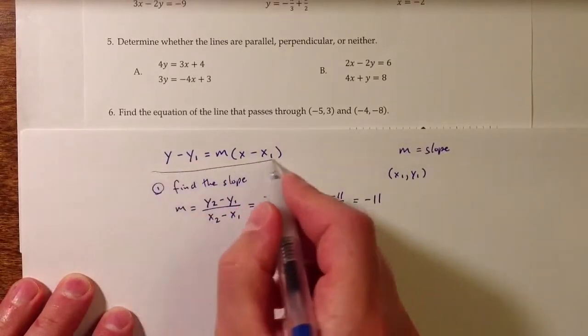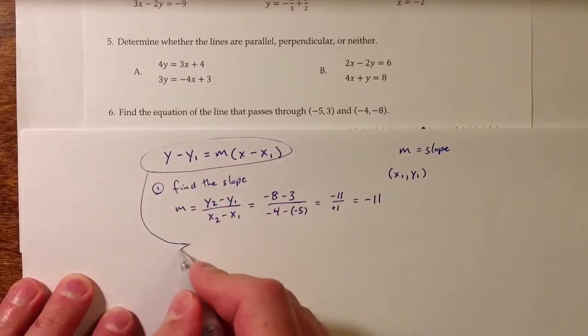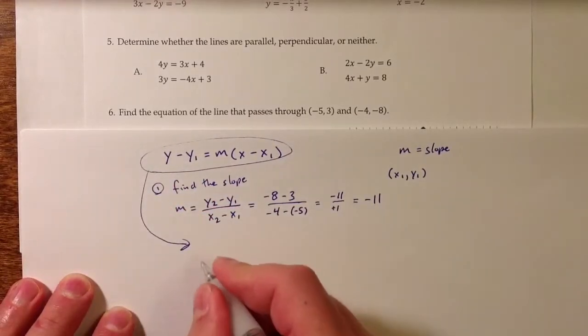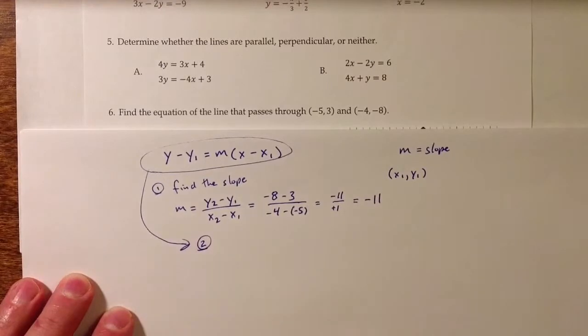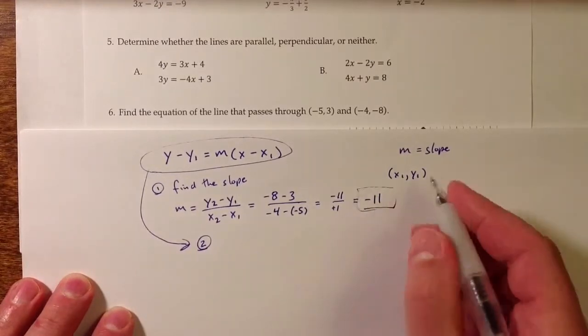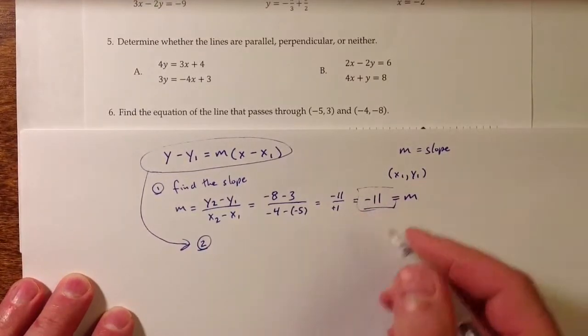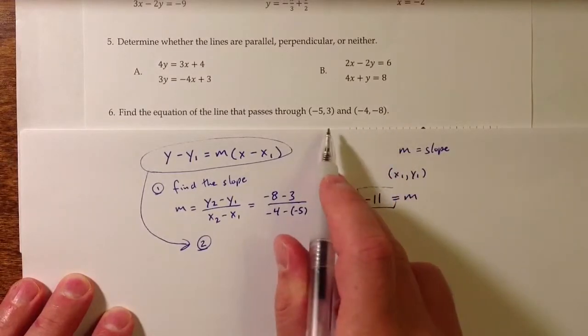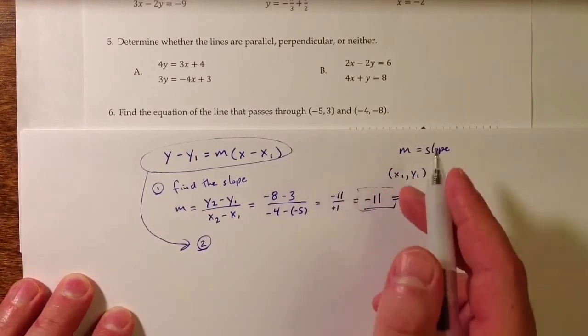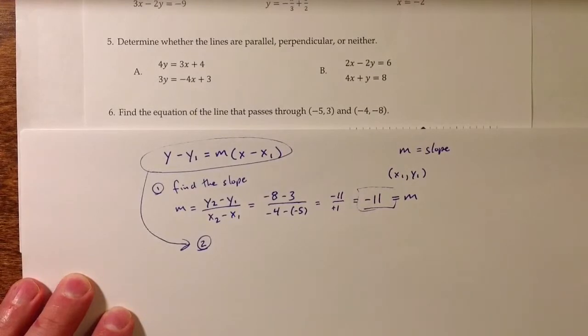And now I can use point-slope form to actually find an equation for the line, because I have a value for the slope. So this is going to be my value for m. And then I can choose either of those two points to be the value for x1, y1.